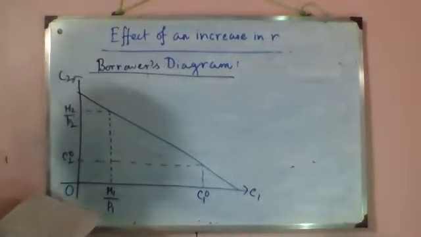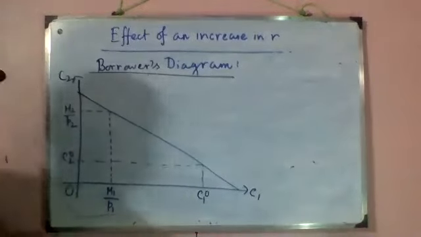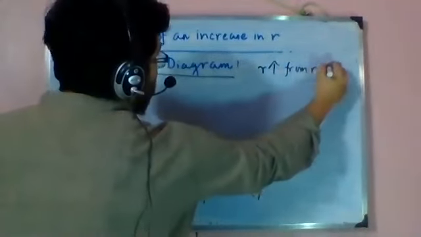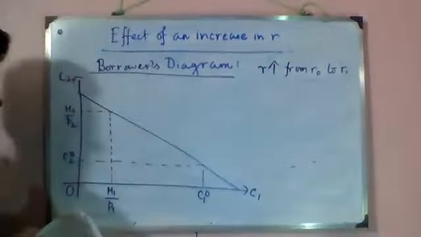Okay. So now R increases from R naught to R1, right? Let me just draw the initial budget line, without the IC, because without it, it looks bad.